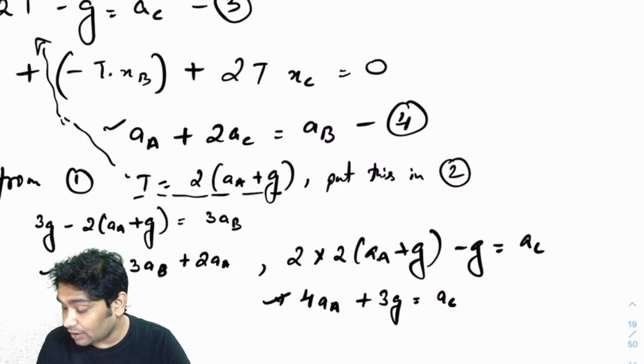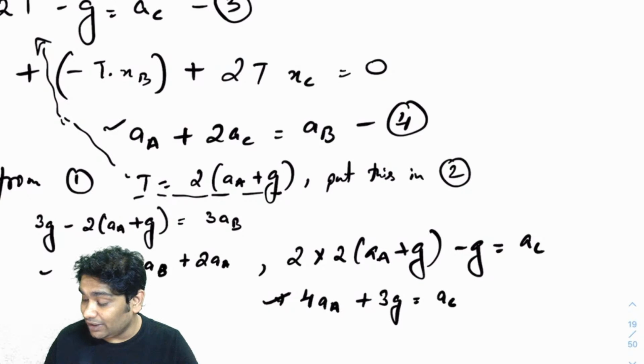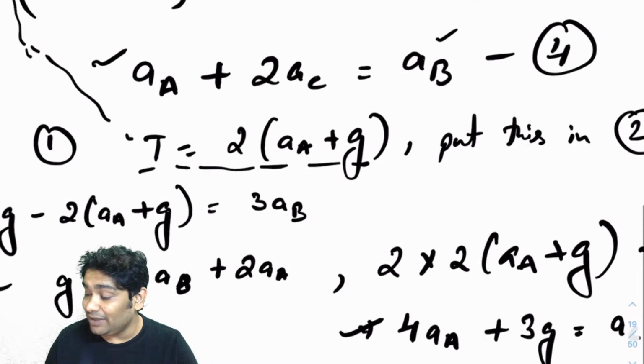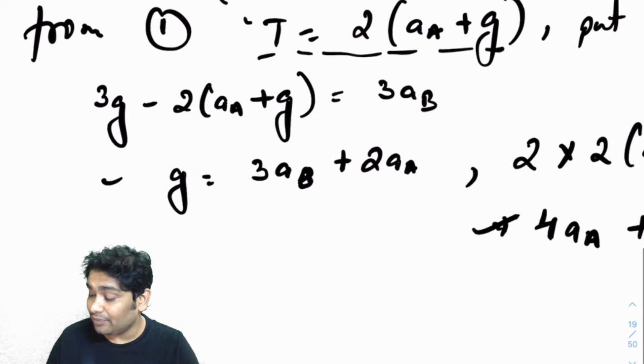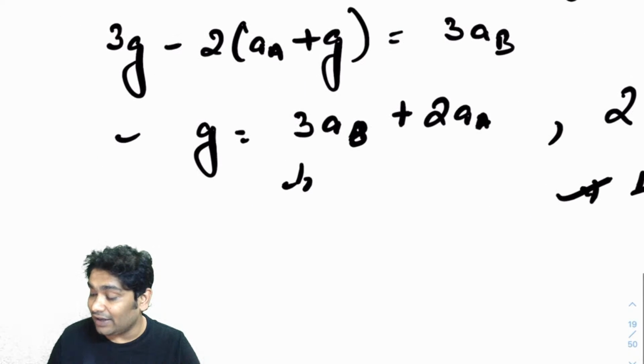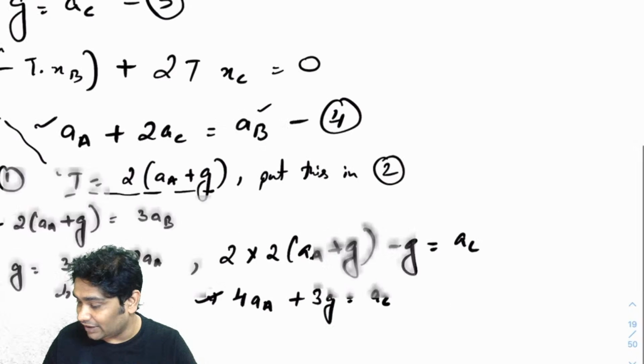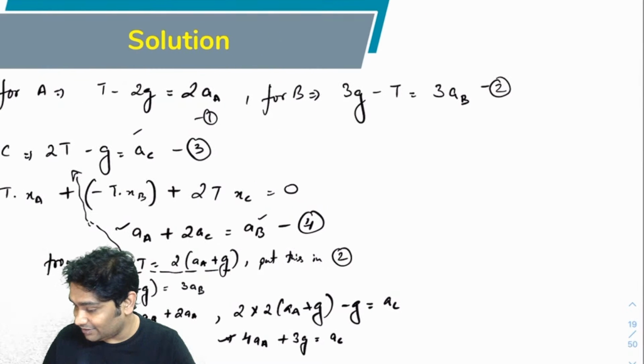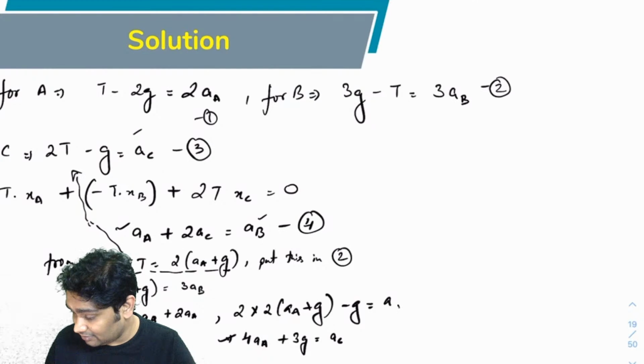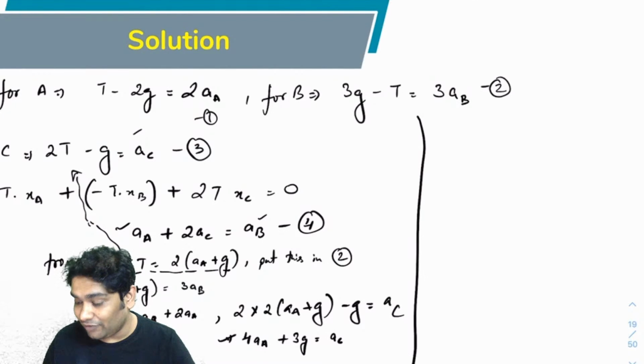Now I can use this equation and substitute the values differently. So okay, let's put the value of A_B as this here. So if I put the value of A_B as this here, what do I get? In this one, I will get g. Okay, so why don't I solve the rest of the thing on the other side of the page? So let's solve it further here. So I had this equation, right?